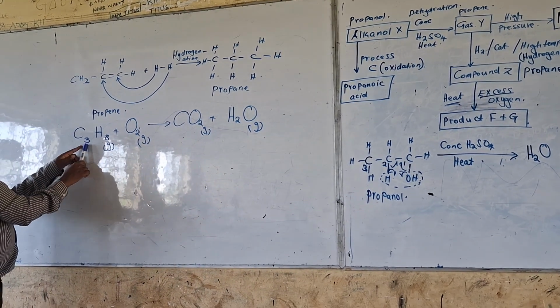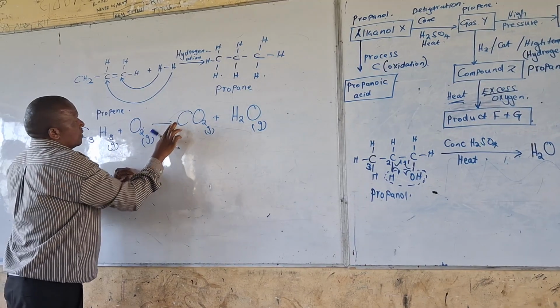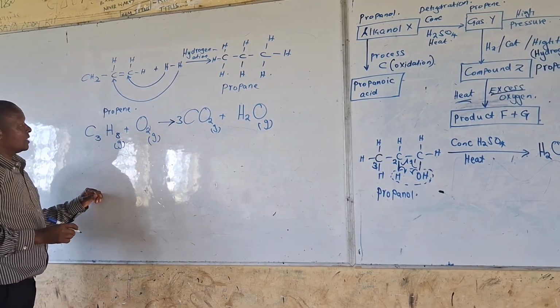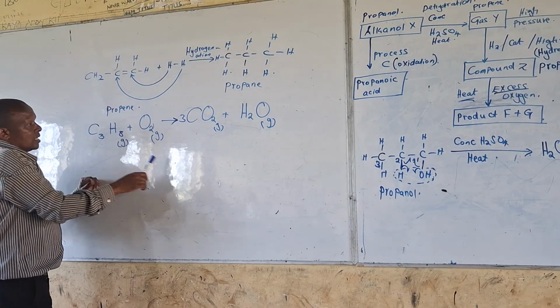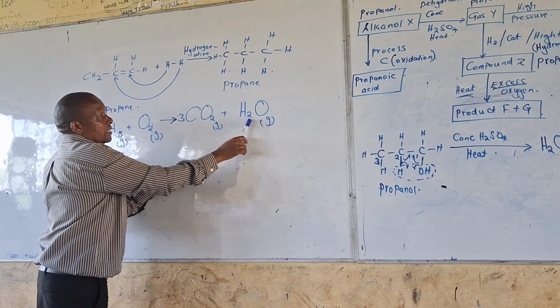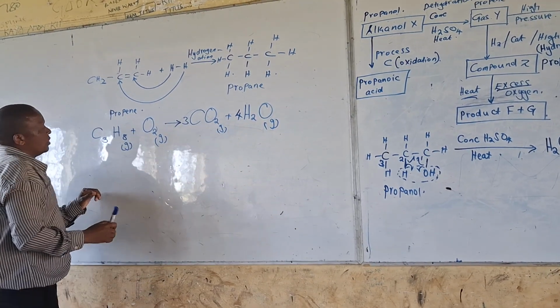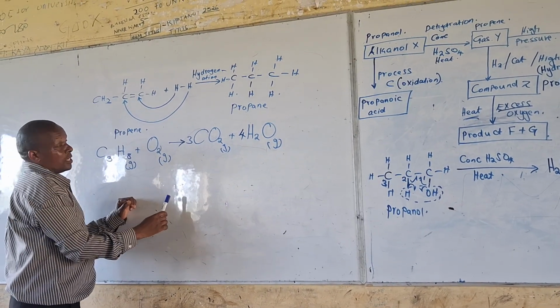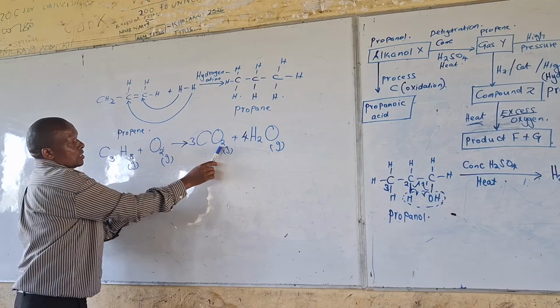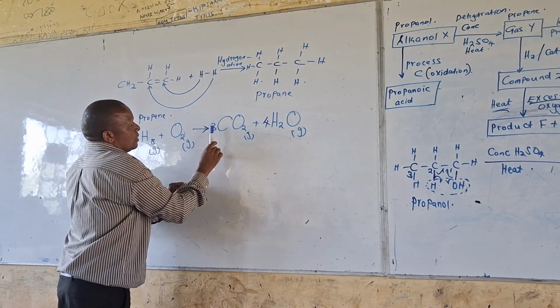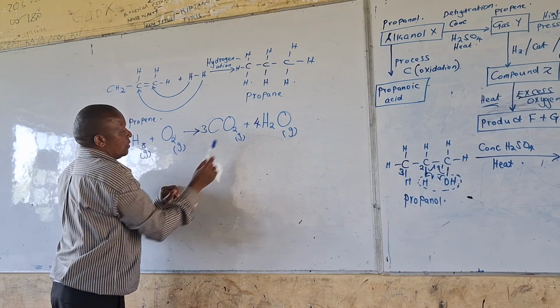Carbon 3. What do you write here? Carbon 3. Are we together? Hydrogen 8. Hydrogen 2. How do you make this one 8? Multiply by 4. Very good. Oxygen. Let us start from the product side. 3 times 2, 6. 4 times 1, 4. So 6 plus 4, 10.